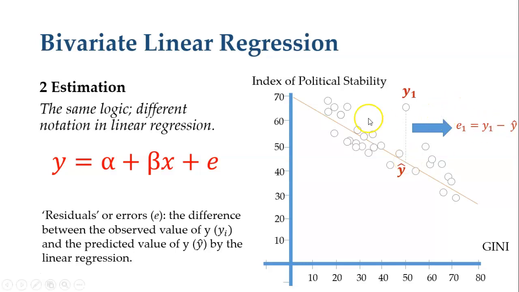Okay, that's the error, and it's the error because, as you can see, these countries, for instance, are closer to the line, so the error here is going to be smaller, and Costa Rica in this mock example is very far from the line, so you can see a larger error here. Okay. So that's the residual, and you include that information in the analysis.